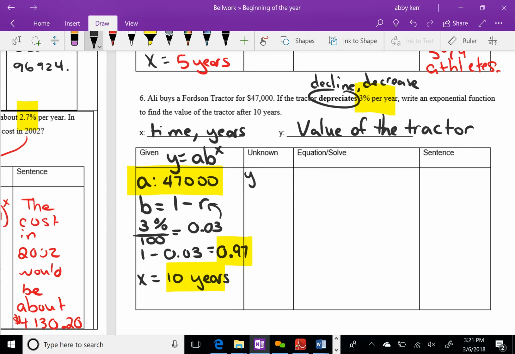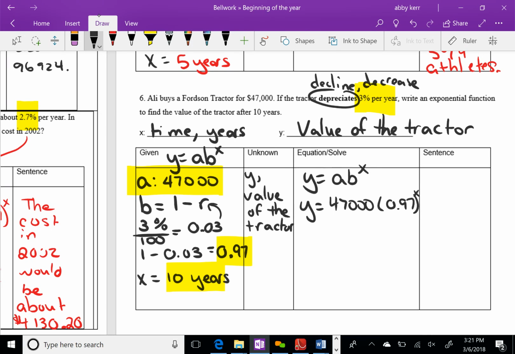Now, our Y is the value of the tractor. So once again, we use the equation Y equals A times B raised to the X power. And everything that we have highlighted, we plug in. So we have the 47 grand times the 0.97 raised to the X, because that's our equation. And then we can plug in the 10.